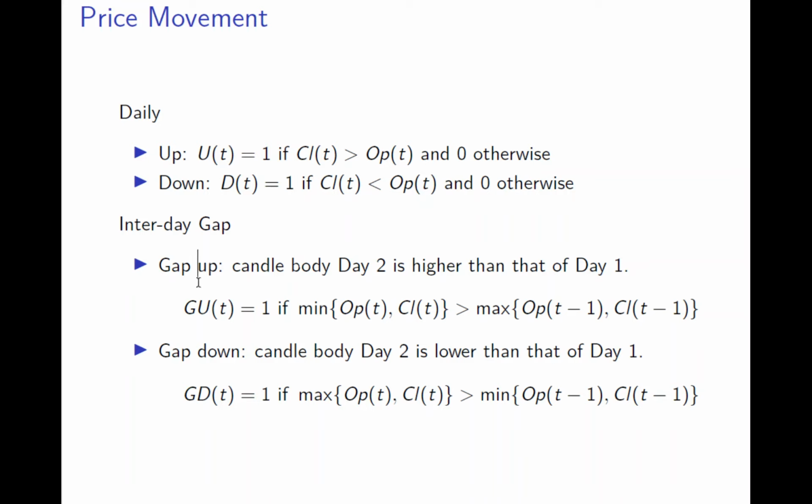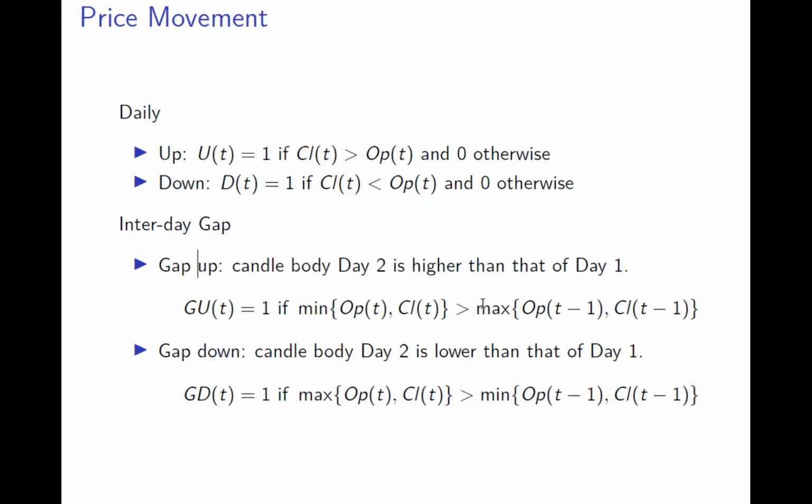The next is called gap up and gap down. It is whether the second day's candle body is above the day-one body. So it's not the whole stick, but just the body. If the minimum of today's open and close, the lower point of the candle body, is higher than the maximum of yesterday's open and close, then you have a gap up.